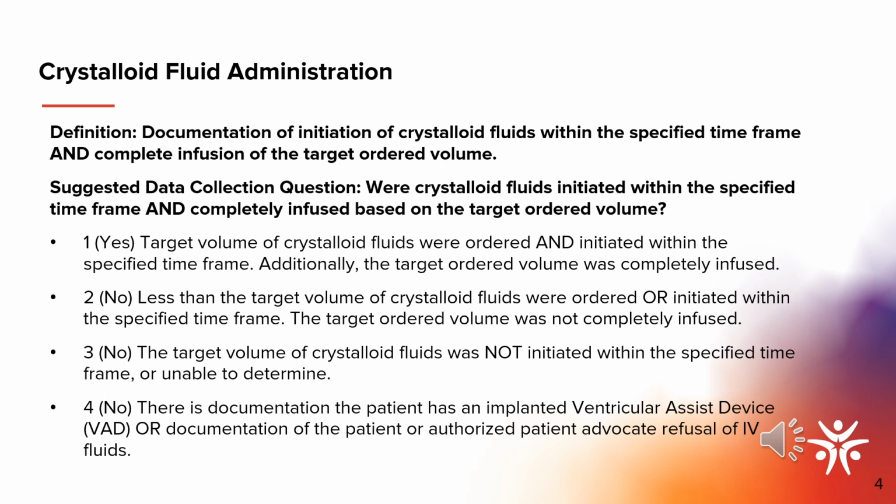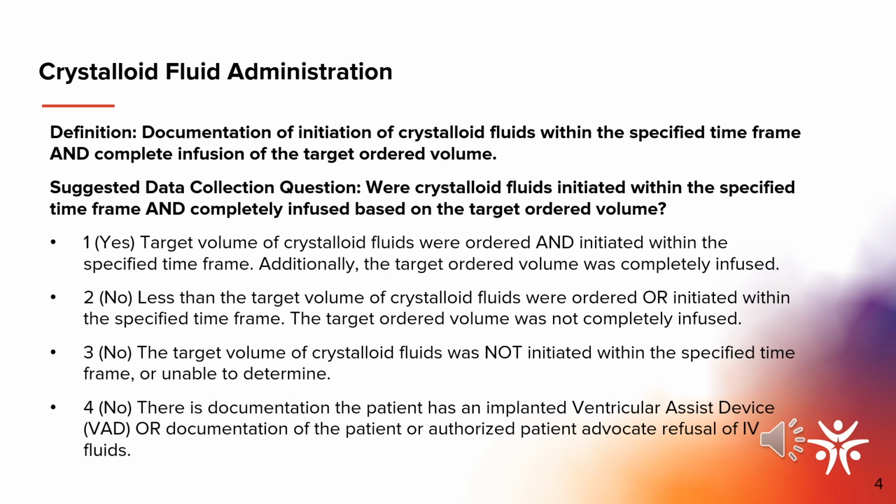Value 1, yes. The target volume of crystalloid fluids were ordered and initiated within the specified time frame. Additionally, the target ordered volume was completely infused. Value 2, no. Less than the target volume of crystalloid fluids were ordered or initiated within the specified time frame. The target ordered volume was not completely infused.